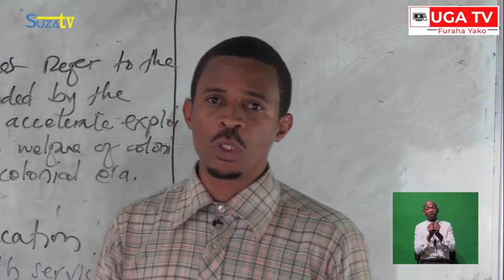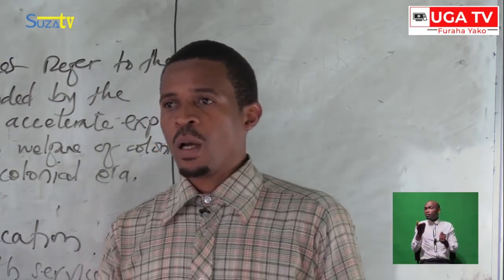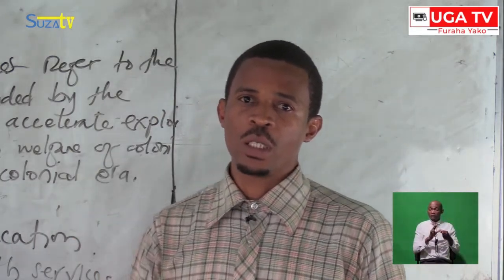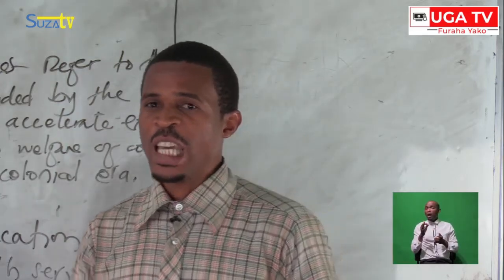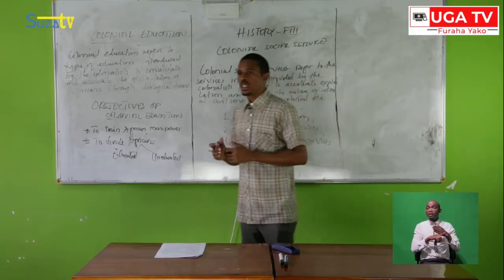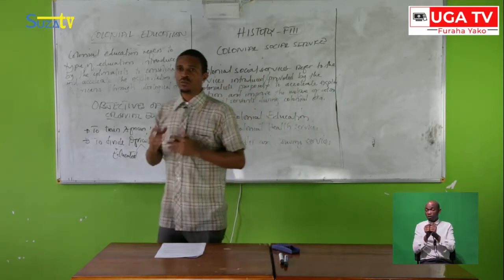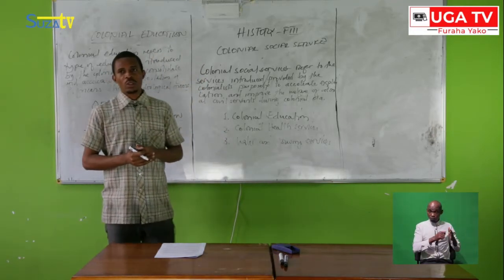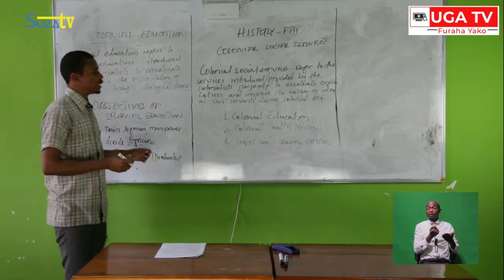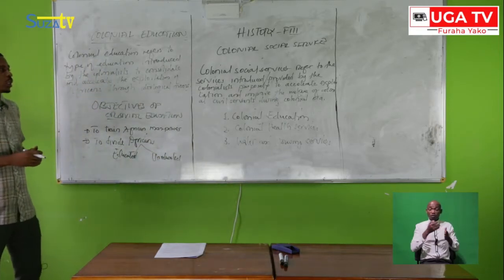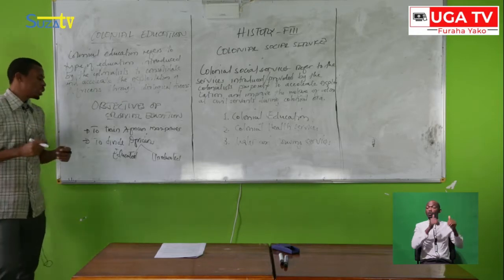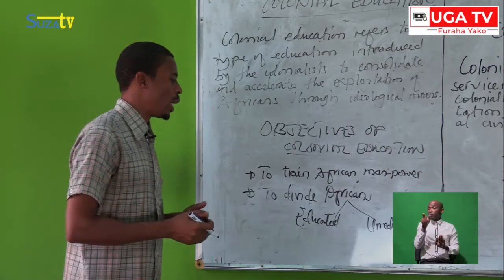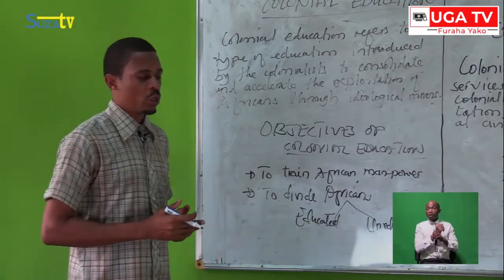How could Africans engage in production of raw materials, which were very important in European industries? That's why the whites decided to introduce the so-called colonial education to the Africans in order to get raw materials.